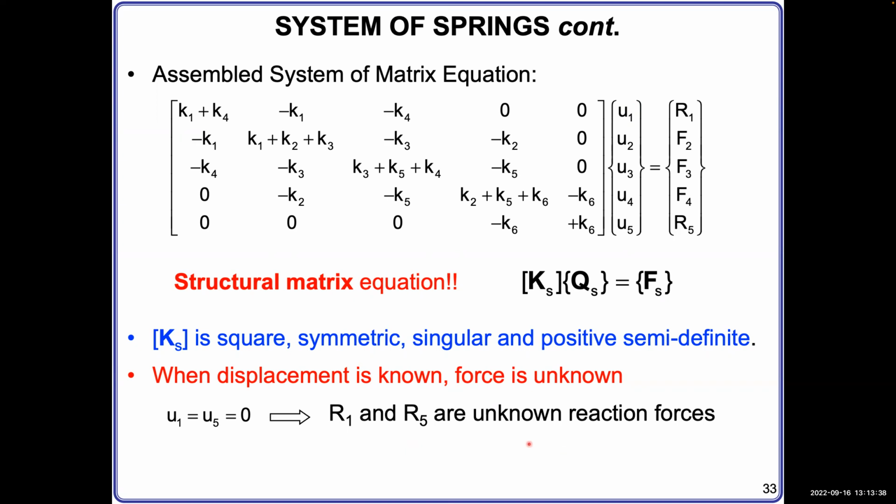That's always the case in solving those problems. Where the displacement is known, the force is unknown. Where the force is known, like the other three, the displacement is unknown. It's always the case that you have only one known, not two, otherwise you will get a conflict. Keep those principles in mind when you solve those equations.